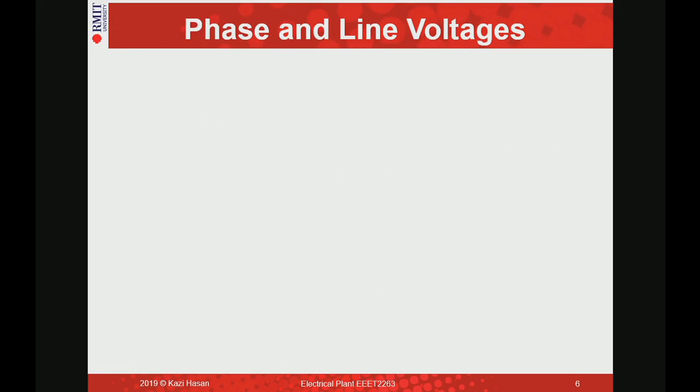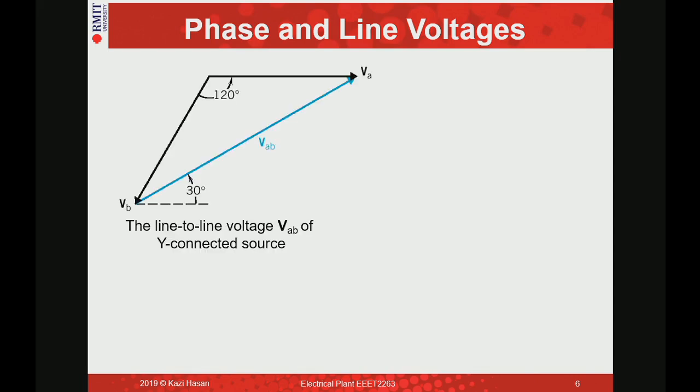Now, we said that, for example, for Y connected circuits, phase voltage is not the same as line voltages. So what is the relationship between phase and line voltages? As we have said, our VA is 120 degree apart from VB.